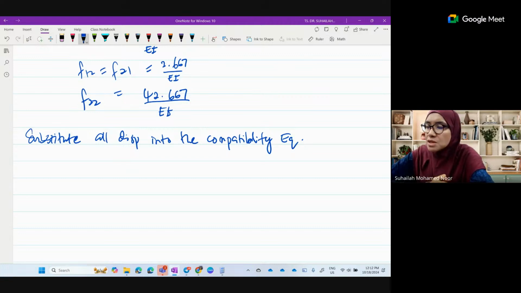Okay, compatibility equation must be in terms of EI. Tak payah nilai EI untuk bagi the compatibility equation. Okay, it will be cancelled when we solve the compatibility equation, but compatibility equation must be written in terms of EI first sebab tak ada displacement yang besar-besar macam tu kan.